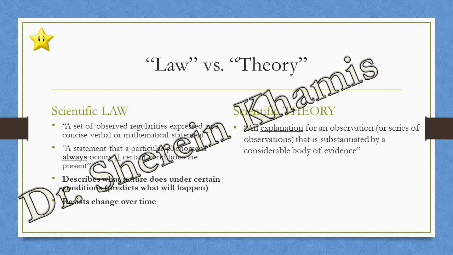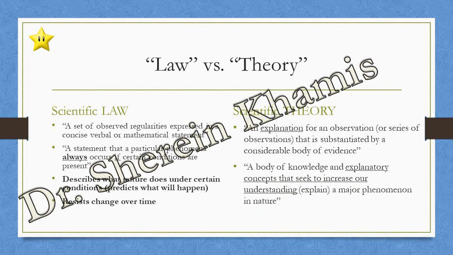Okay, we mean that if we do some experiment, we make a theory or put assumptions that make this available, or we can apply it if you make this observation or explanation for the steps that you make in your activity. Another one: a body of knowledge and explanatory concepts that seek to increase our understanding.